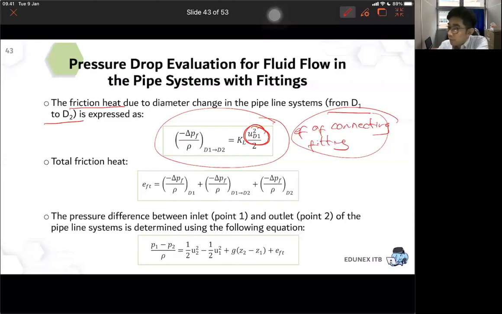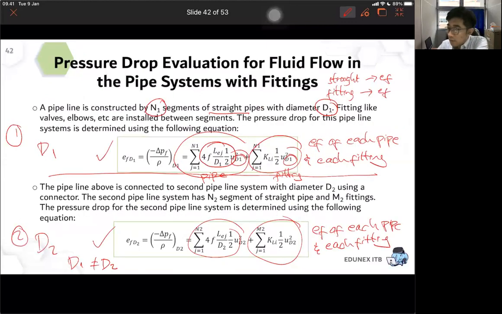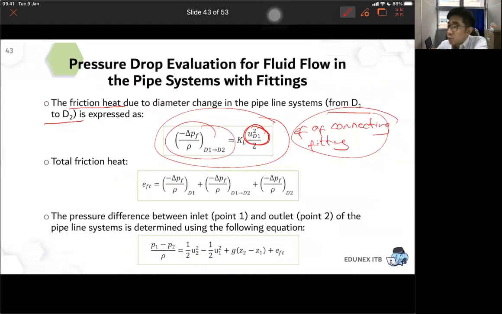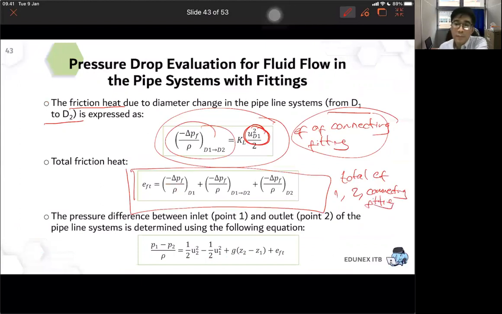Then you have this one, this one, this one, and this one. Then you take the total. This is the total EF from segment 1, segment 2, and the connecting fitting. Once we have calculated the total, you can put it into the Bernoulli equation.